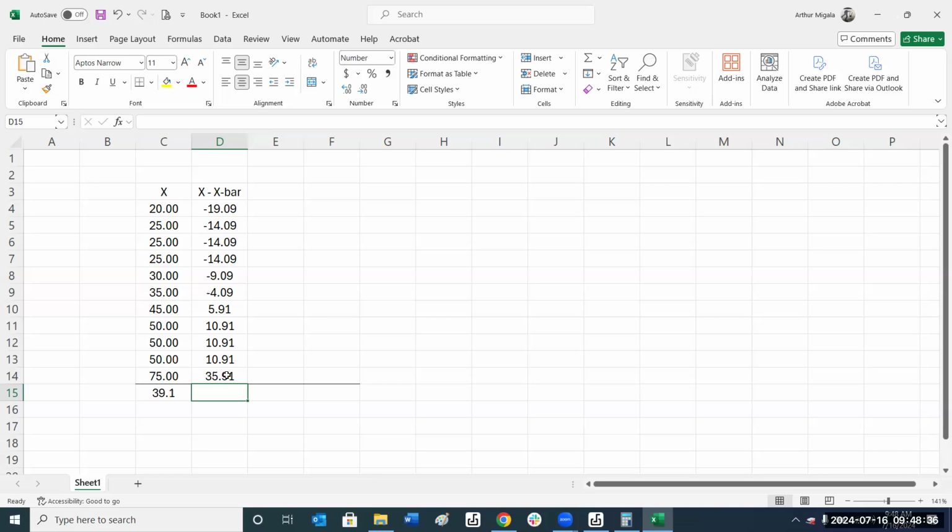What should this column equal? It should equal 0. And if it doesn't, so if you did something wrong, go back and check them again.